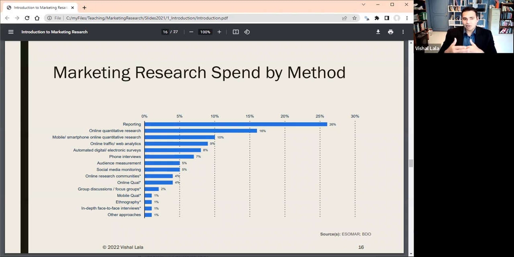We're seeing many more dollars being spent on gathering data, quantitative data, survey-based data. We're seeing a bigger spend on online traffic and web data. We're also seeing a big chunk of dollars being spent on making sense of the data. This includes analyzing and reporting the data in a form that is meaningful to clients and agencies.